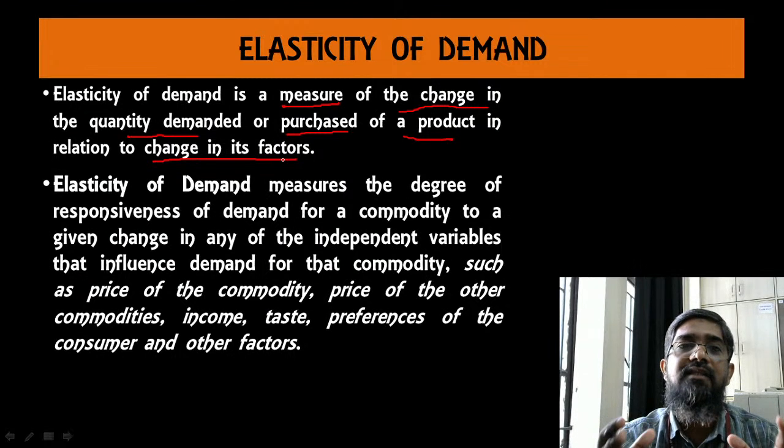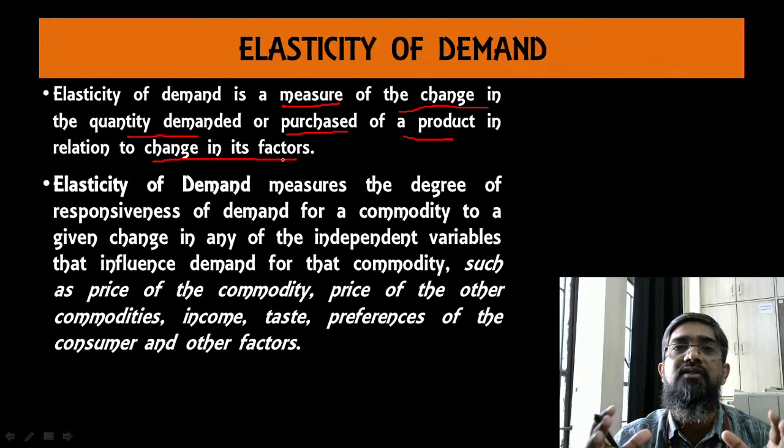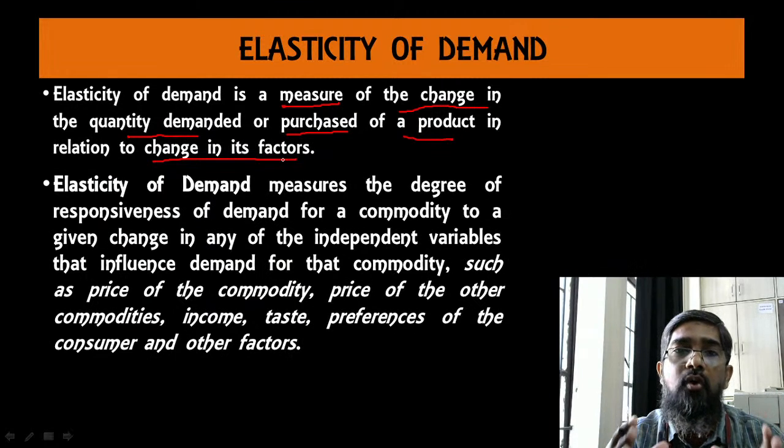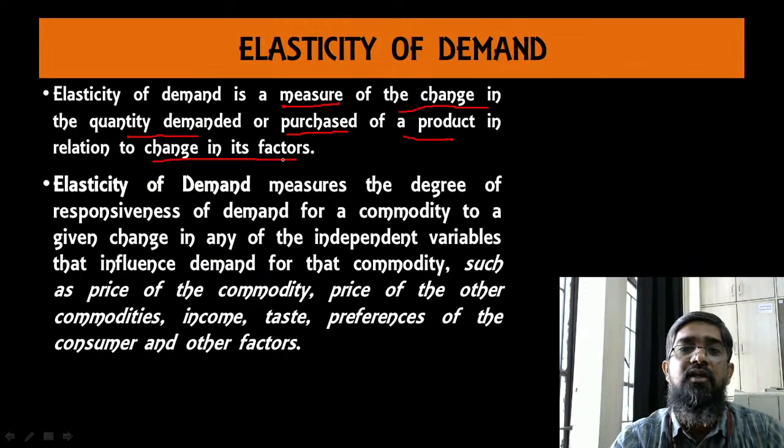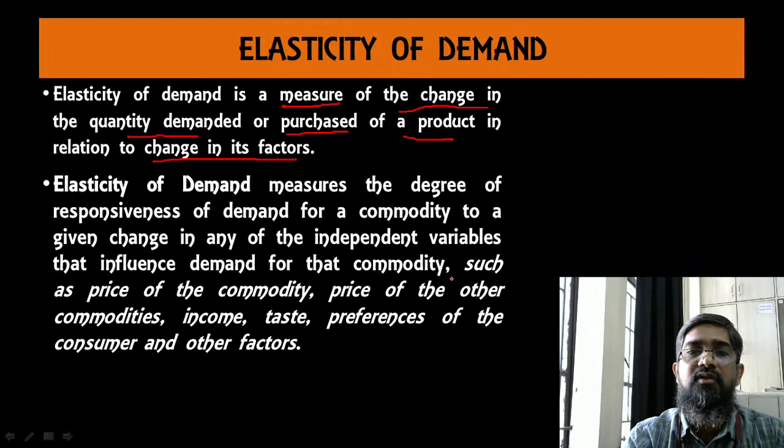So, elasticity of demand measures the degree of responsiveness, or to what extent demand depends on these factors which we have discussed. These factors which are mentioned here, you can see price of the commodity.